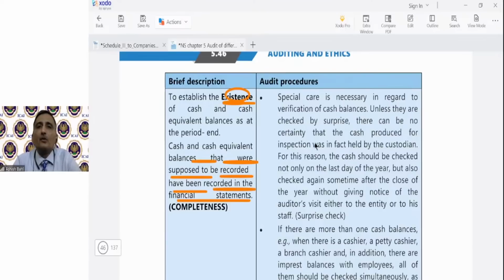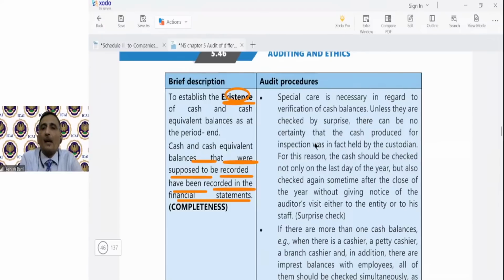So obviously students एग्जिस्टेंस चेक करने के लिए कैश के लिए सबसे इंपॉर्टेंट ऑडिट प्रोसीजर क्या होगा? सबसे इंपॉर्टेंट ऑडिट प्रोसीजर है वेरिफिकेशन ऑफ फिजिकल कैश. सो कैश हैज टू बी वेरीफाइड फिजिकली बाय सरप्राइज as on closing date or as near to the closing date.